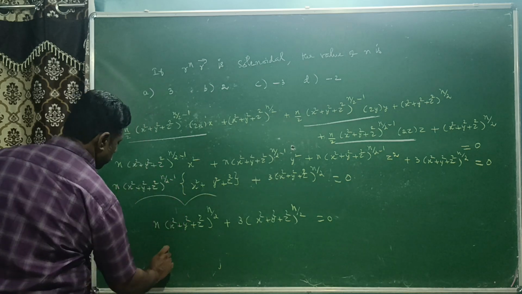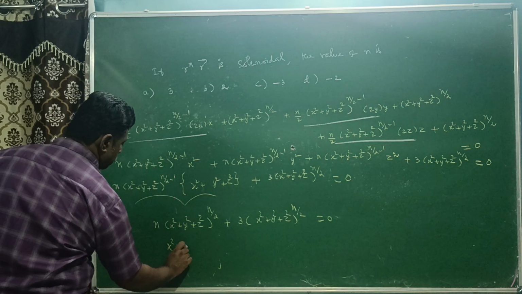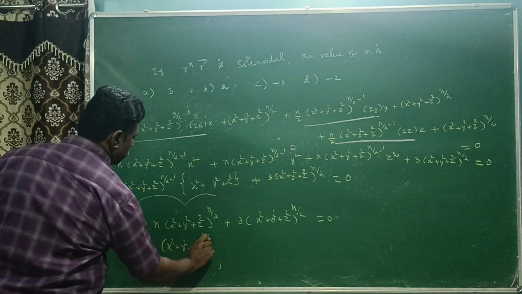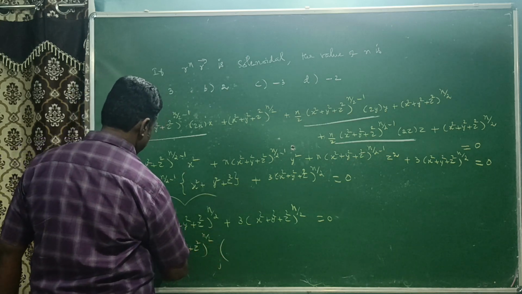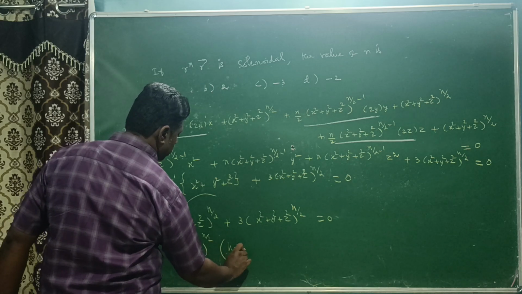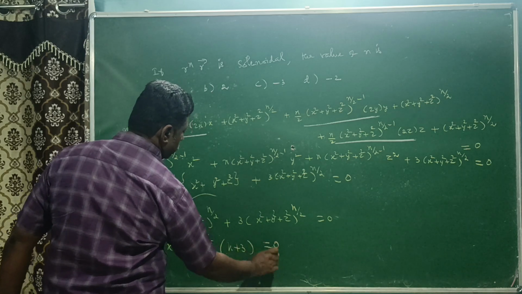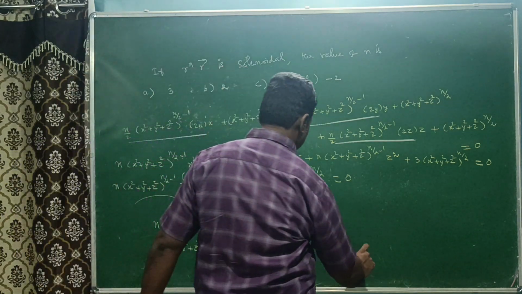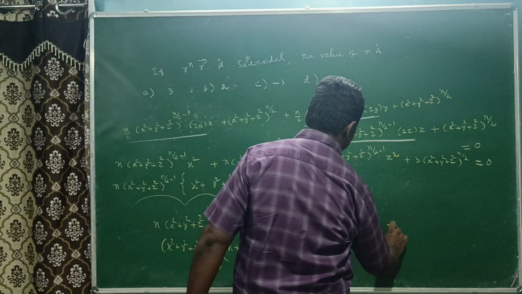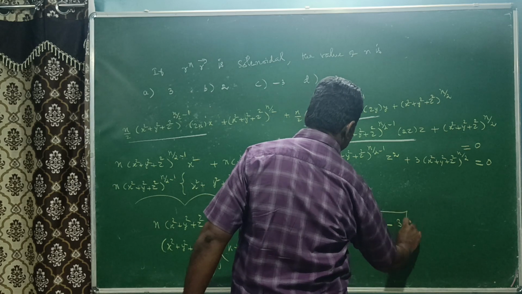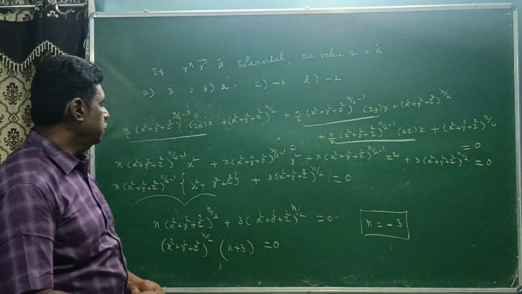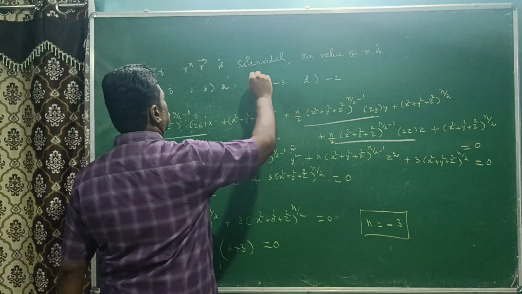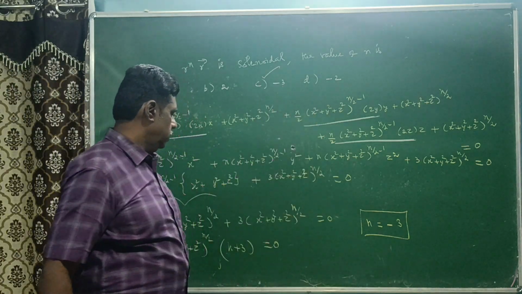If you take (x² + y² + z²)^(n/2) outside, we may write n plus 3 equal to 0. Therefore, the value of n is equal to minus 3. Therefore, option C is correct.